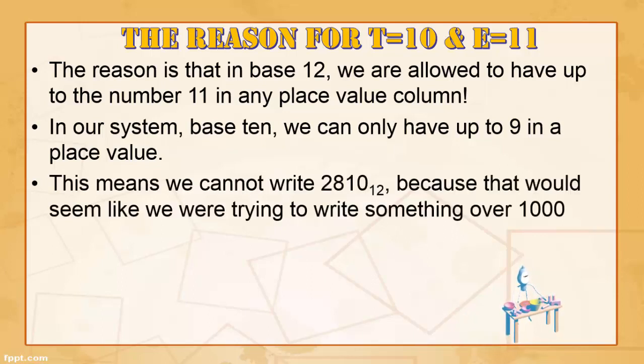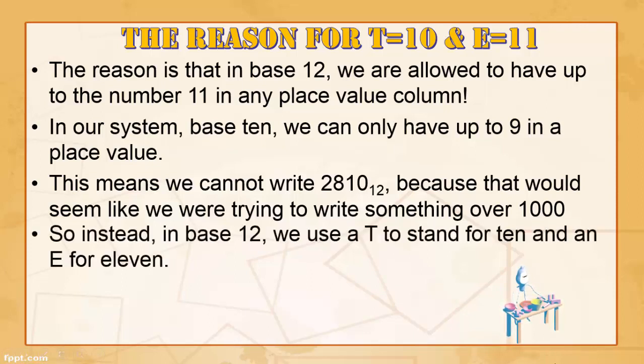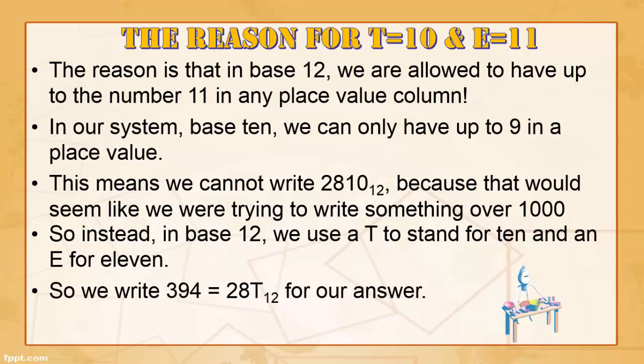This means we cannot write 2810 base 12 because that would seem like we are trying to write something over 1000. So instead, in base 12, we use T to stand for 10 and E to stand for 11. So we write 394 is equal to 28T base 12 for our answer.